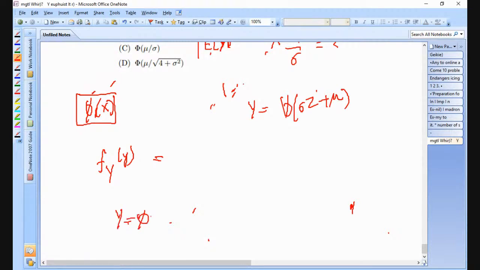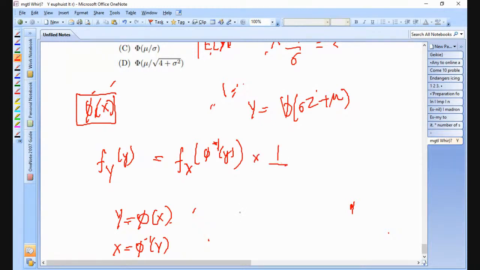So Y is equal to phi of X, so X is equal to phi inverse of Y. So this will be f of X, in terms of phi inverse of small y, into 1 by phi dash of X, which is phi inverse of Y. Did you get this part?